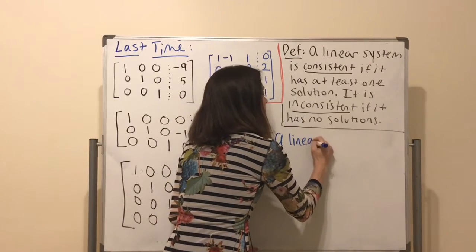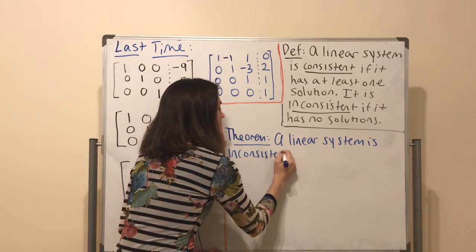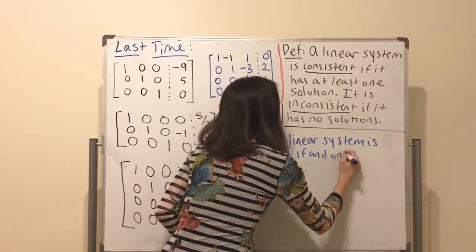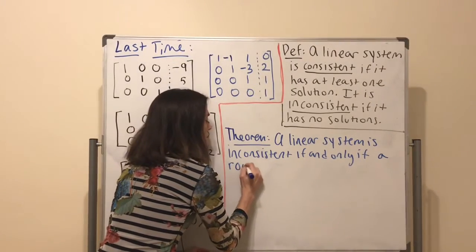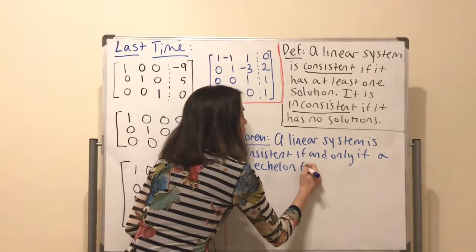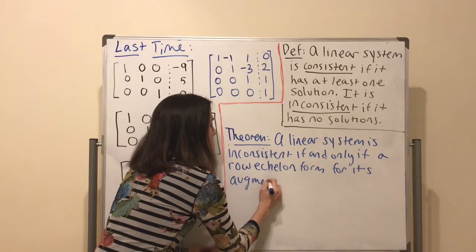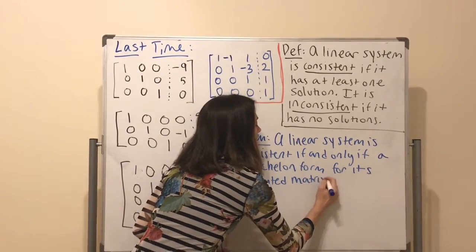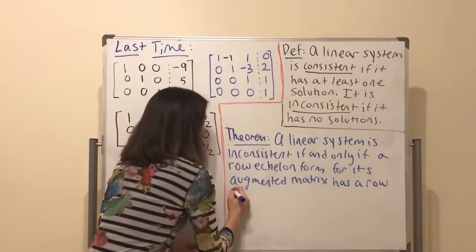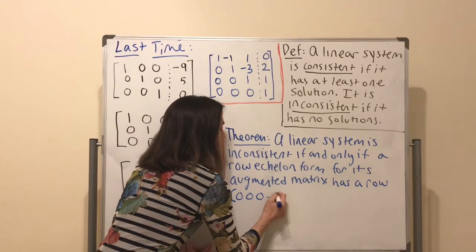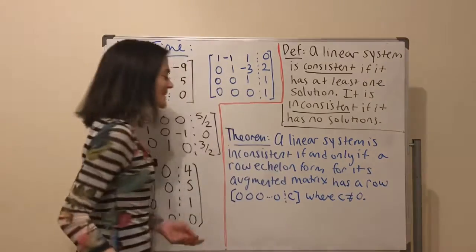A linear system is inconsistent if and only if a row echelon form for its augmented matrix has a row that looks like this: 0, 0, 0, 0, and then some C, where C is not equal to 0.